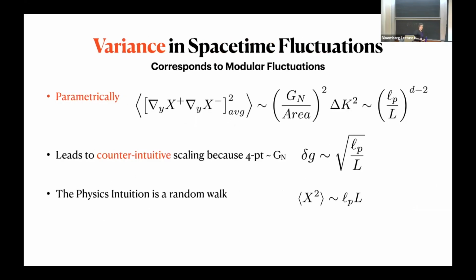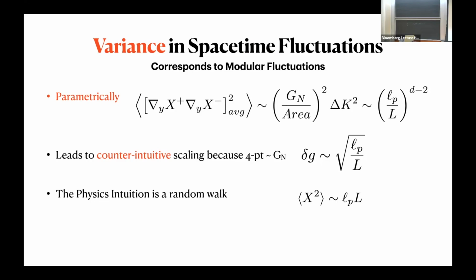Parametrically, I can now evaluate this quantity, which was just the quantity on the previous slide, squared. I get L Planck to the d minus 2 divided by the area, and now I have to square it times the modular fluctuation squared.